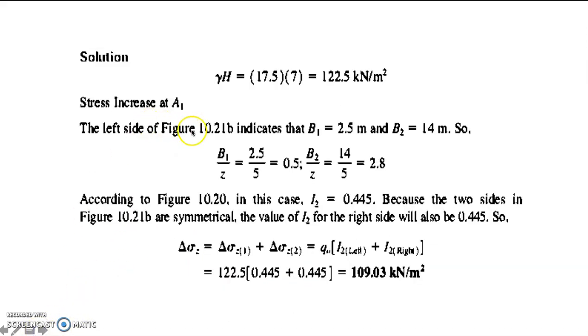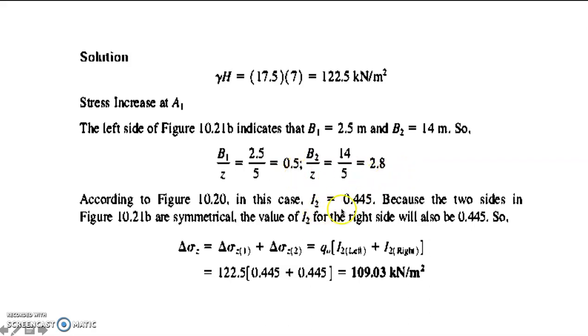Basically, for the stress increase of point A sub 1, on the left side of the figure, we have B sub 1 is 2.5 meters, and of course our B sub 2 is 14 meters. So if we get B1 over Z, that is 0.5, and B2 over Z is 2.8. From our figure 10.20, we can get the value for I sub 2, since we have the values 0.5 and 2.8.